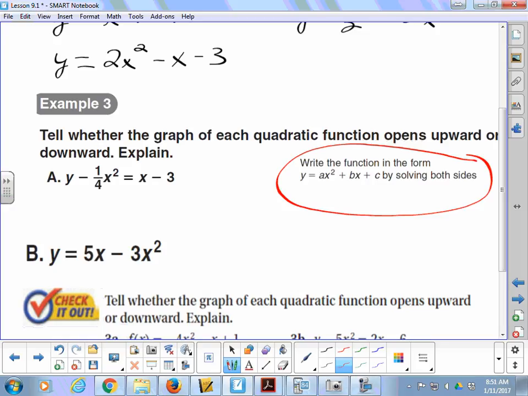That means we might need to solve for y first, moving things to the other side of the equal sign. We want to get y by itself. So here we have y equals negative 1/4 x squared equals x minus 3. What do I need to do to get y by itself?